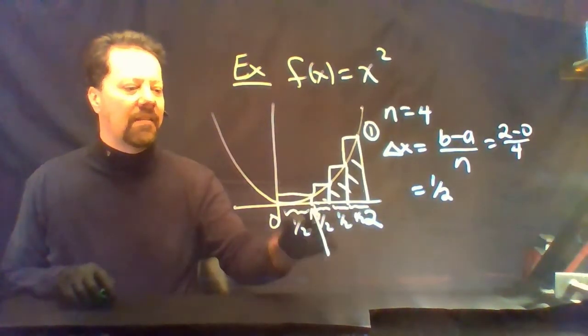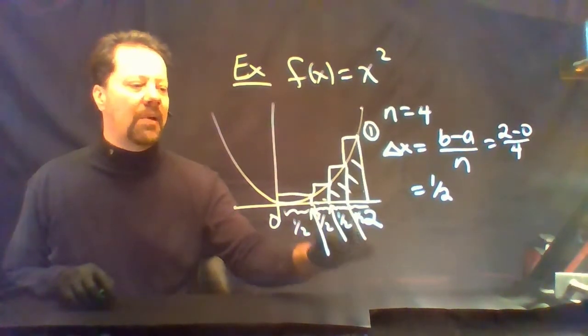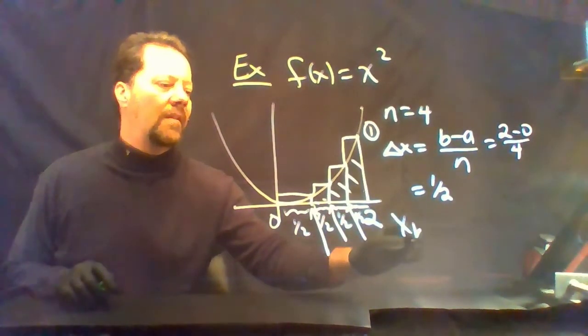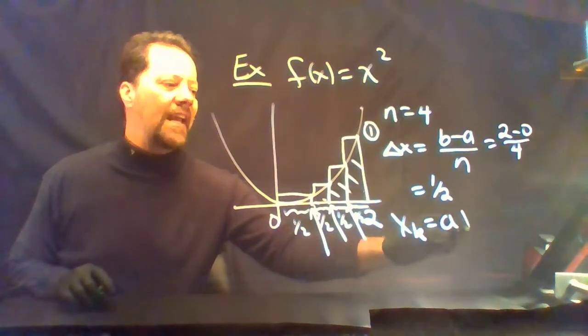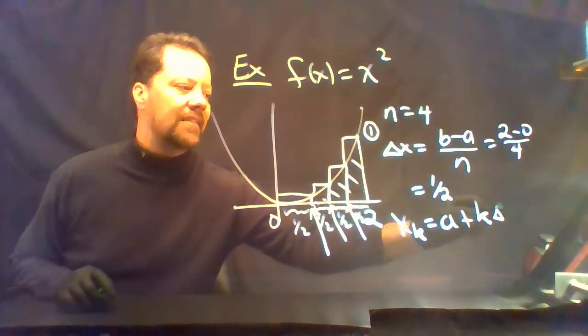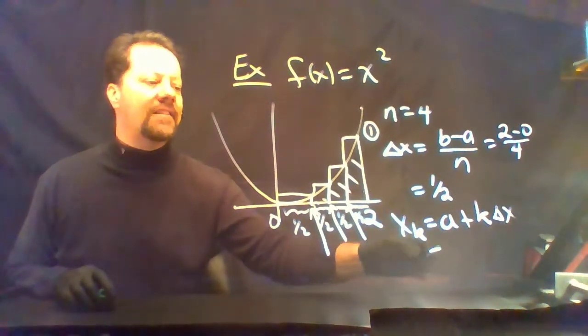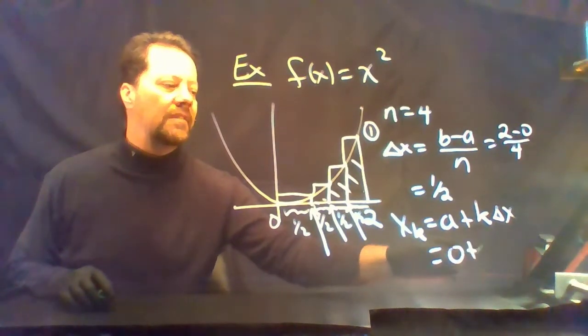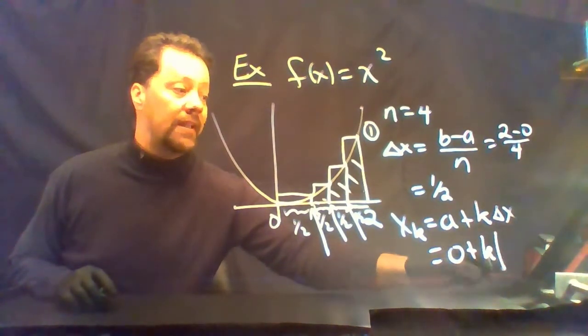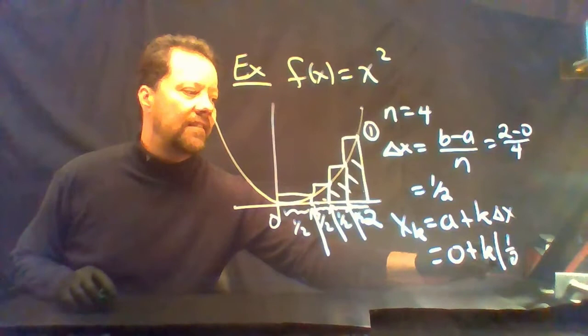Where are these points in the partition? x sub k is going to be a plus k times delta x. In this case, a is 0, k is what it is, and delta x is 1/2.